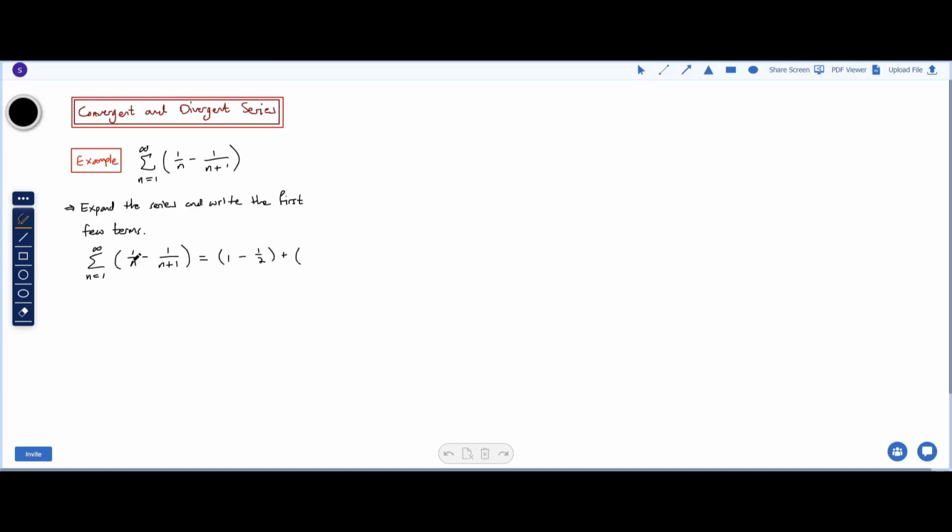And then when n is equal to 2, we get 1 over 2 minus 1 over 3. When n is equal to 3, we have 1 over 3 minus 1 over 4, and so on and so forth.